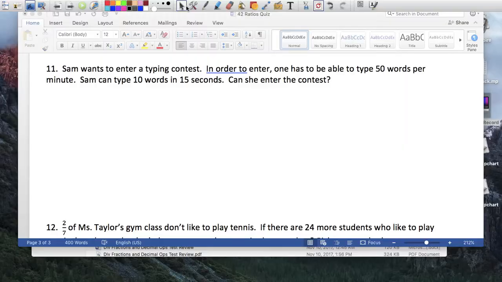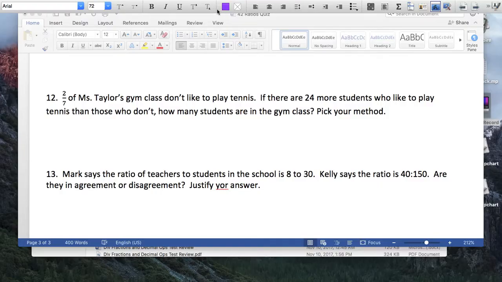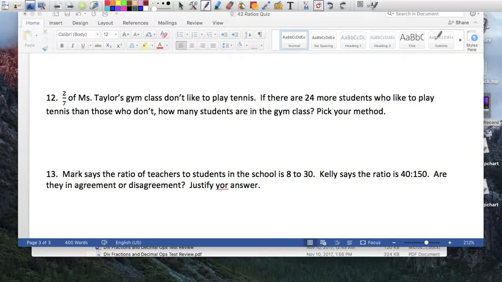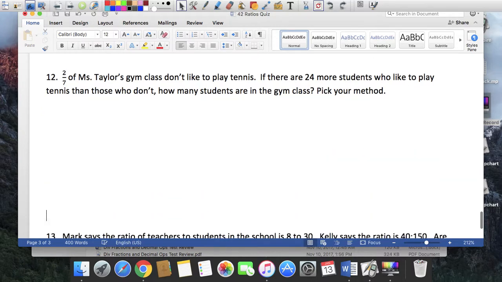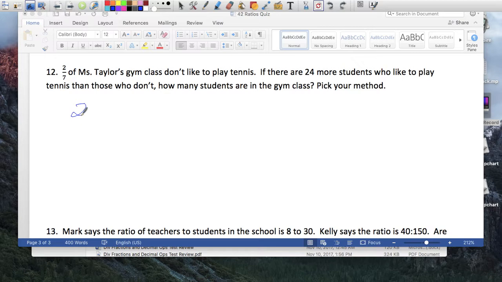And 12. What do I do? Okay, sorry. 2/7 of Miss Taylor's gym class don't like tennis. So if 2/7 don't like it, what is it that I know already? I know that 5/7 actually like playing tennis.